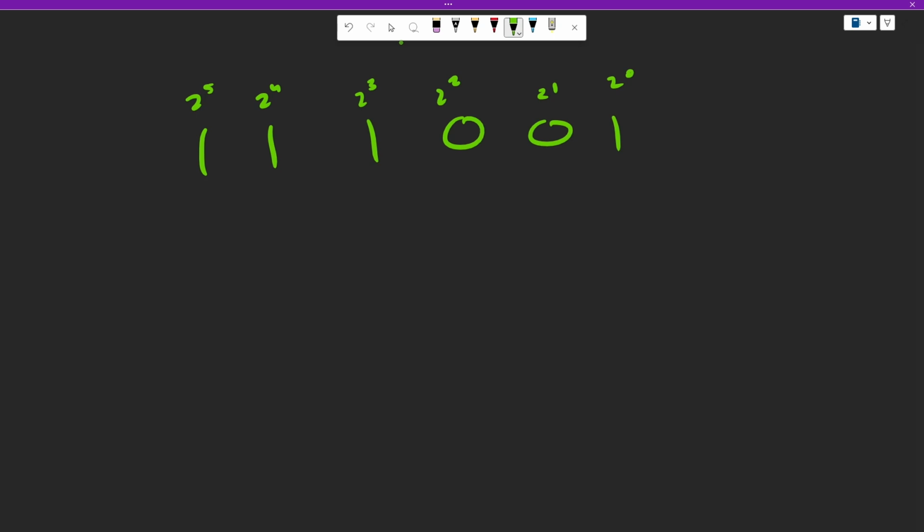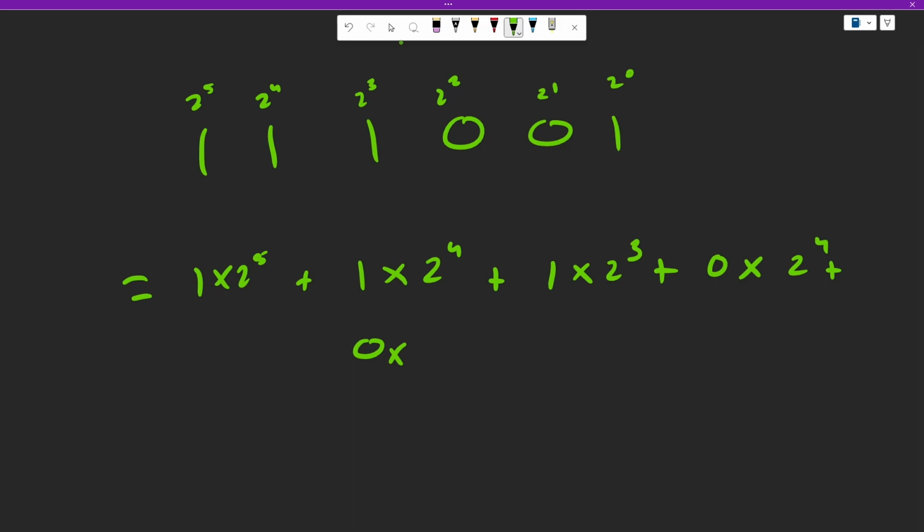Now let's multiply and add them. 1 into 2 raised to 5 plus 1 into 2 raised to 4 plus 1 into 2 raised to 3 plus 0 into 2 raised to 2 plus 0 into 2 raised to 1 plus 1 into 2 raised to 0.